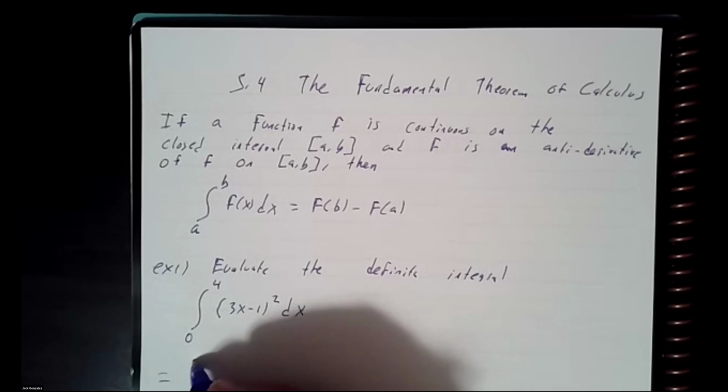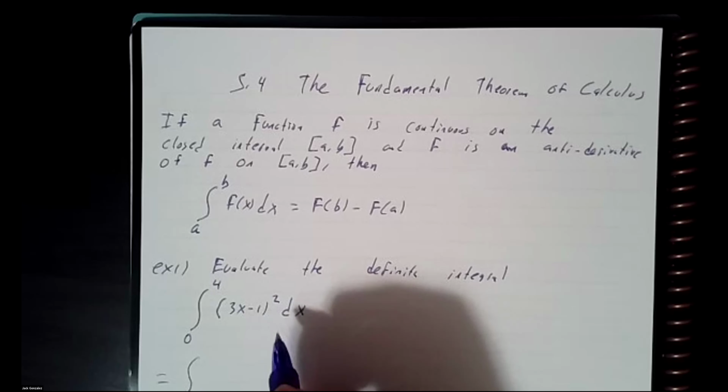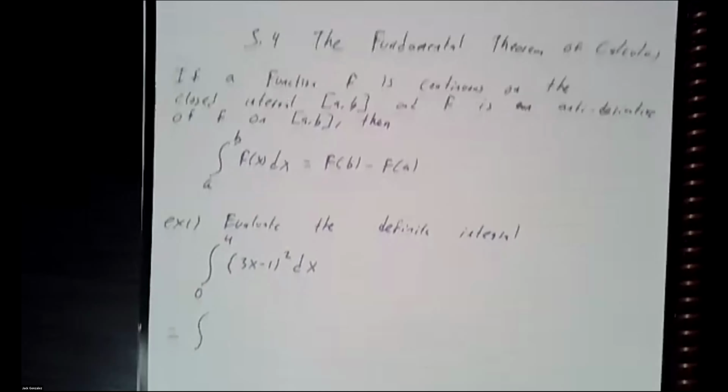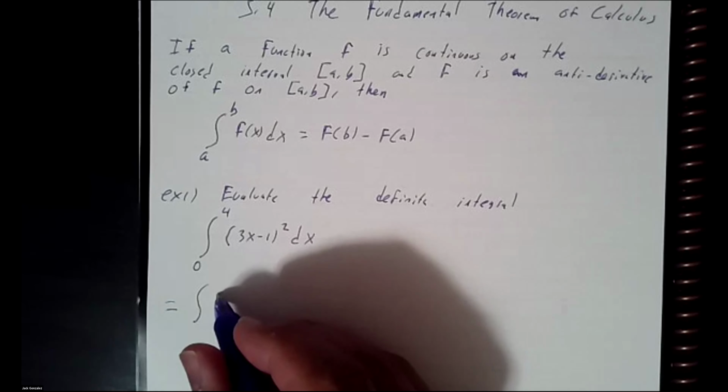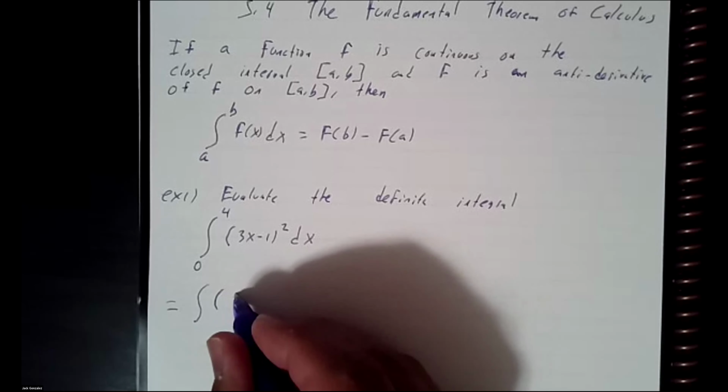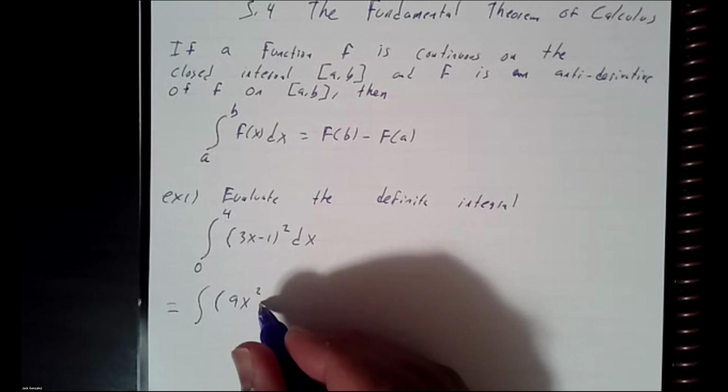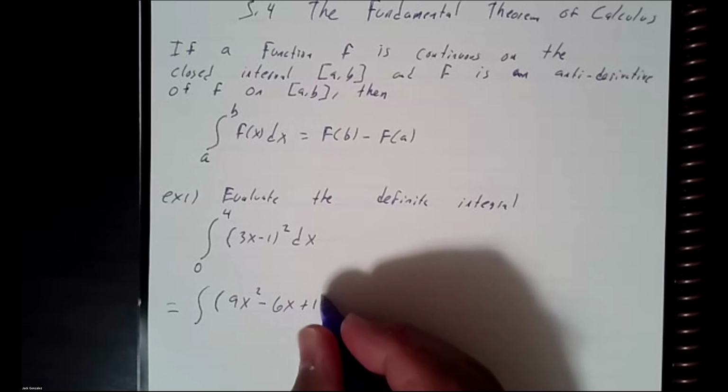First, let's multiply it out because we don't have any rules, at least not yet, to integrate that. So y'all agree this would be 9x squared minus 6x plus 1.